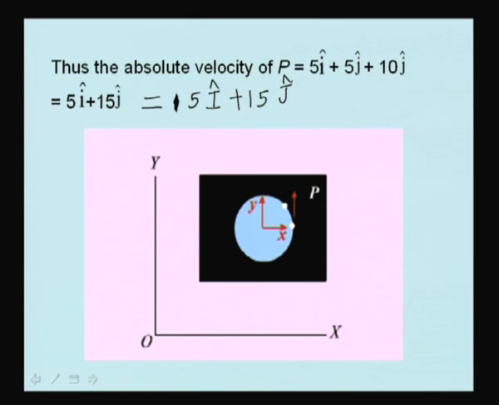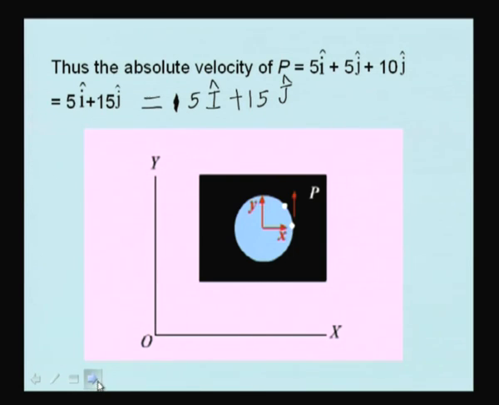However, it is not so important to always express the absolute velocity in the absolute coordinate system. Any coordinate system can be adopted. The only thing one has to understand is in which coordinate system the components have been expressed.